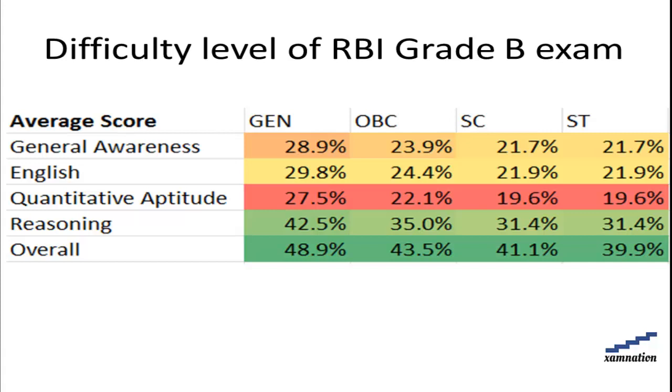And one thing that you can see is that the quant section is the toughest and has the lowest cutoff, whereas the reasoning section appeared to be the easiest and has the highest cutoff. So let's start with the different subjects, and let's see which book we can follow for each.